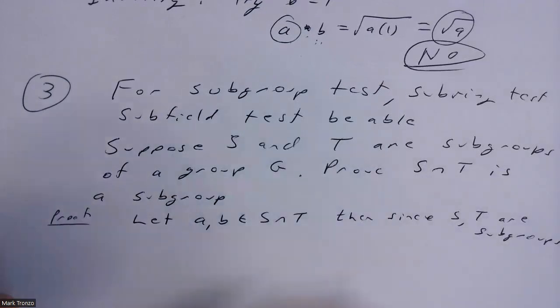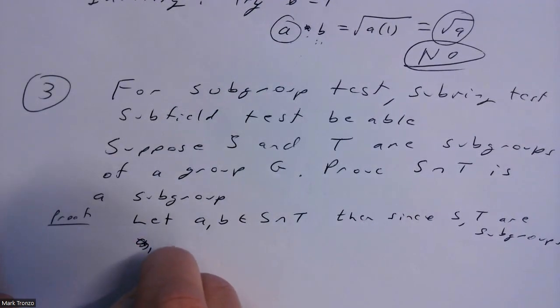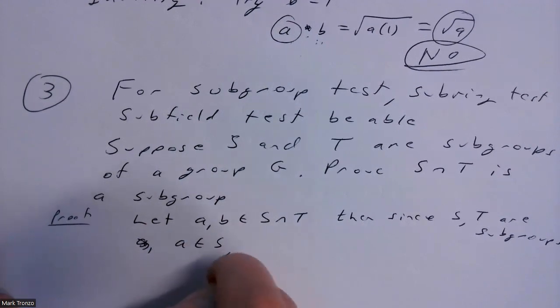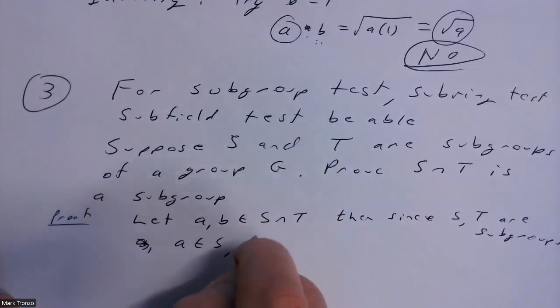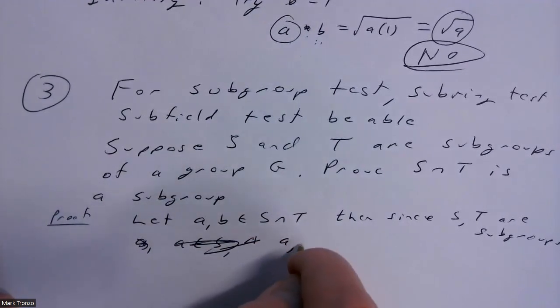Since these are subgroups, then we're going to have, well, first of all, I probably did this a little bit out of order. So A is in S, A and B is in, this is all messed up. Let me start this again. I'm sorry. I'll make it a little bit nicer.